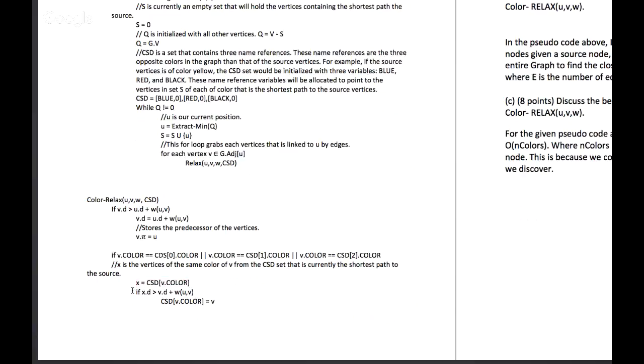Once we do that, we check whether our current closest vertex of that color to our single source is closer than V. If it's not closer, if V is closer to our source vertex, we now set the closest vertex of that color to V.